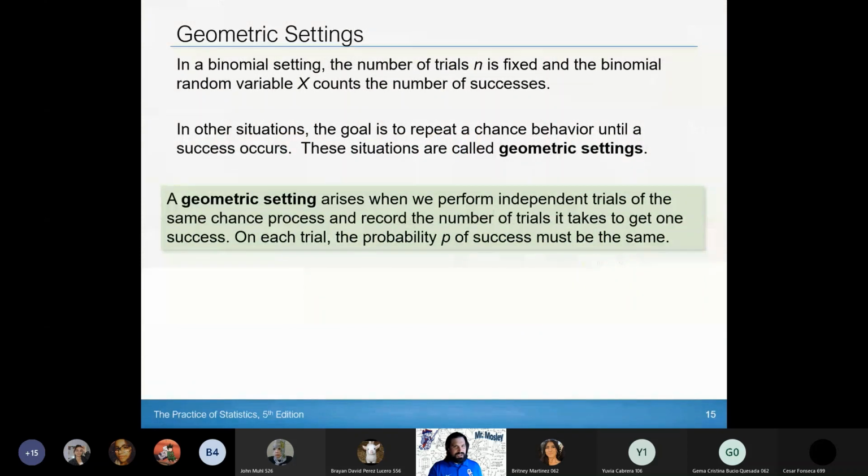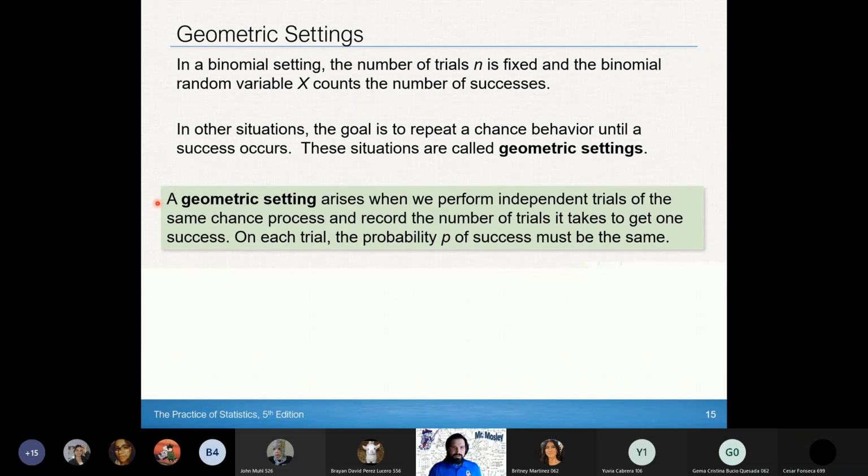So then we get into our geometric settings. We just completed binomial, now we're doing geometric. In a binomial setting, the number of trials n is fixed, and the binomial random variable X counts the number of successes. In other situations, the goal is to repeat a chance behavior until a success occurs. These situations are called geometric settings. A geometric setting arises when we perform independent trials of the same chance process and record the number of trials it takes to get one success.